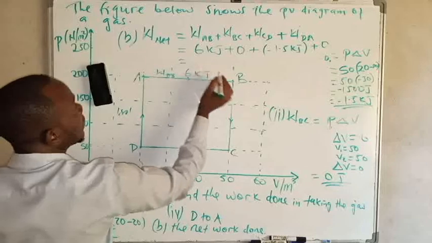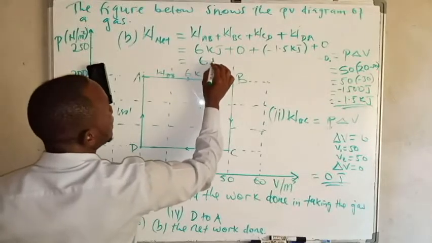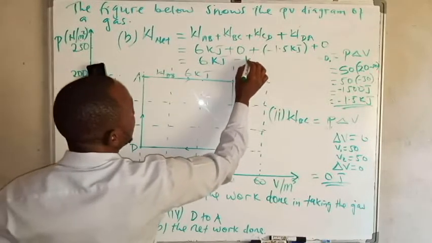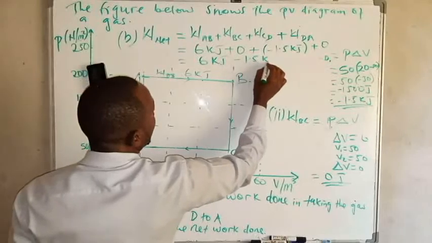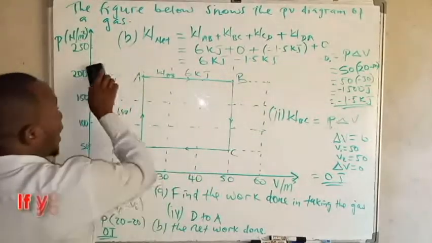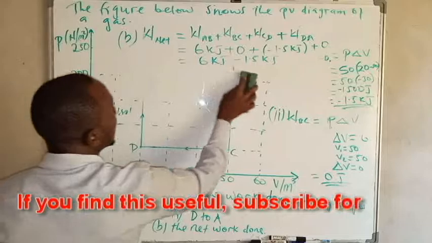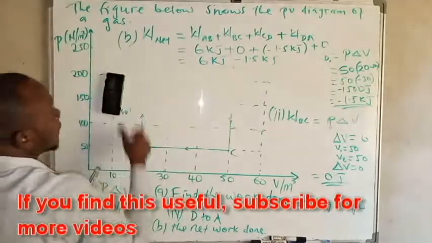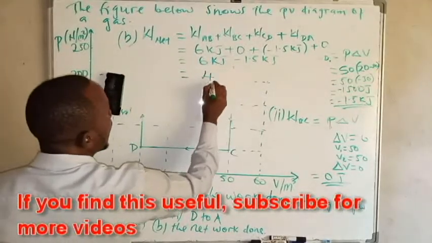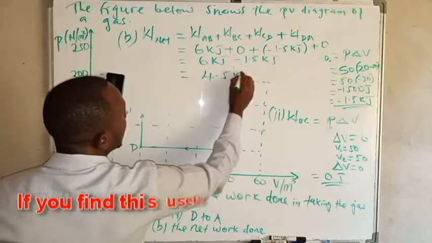So we can say 6 kilojoules minus 1.5 kilojoules, and what we find is 4.5 kilojoules.